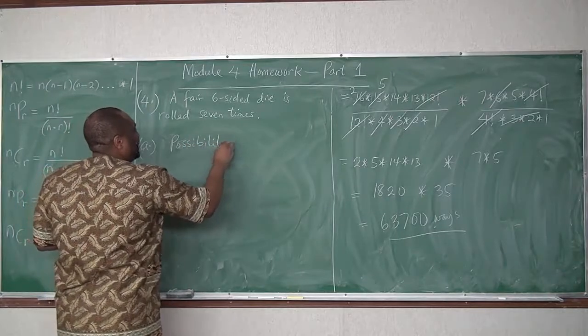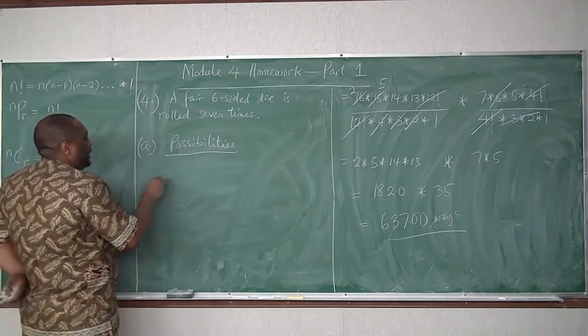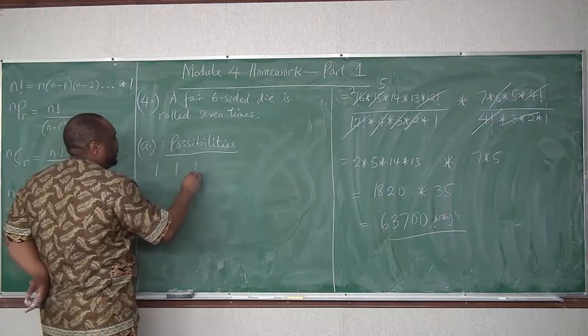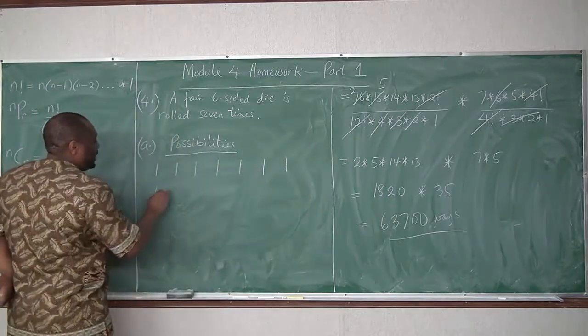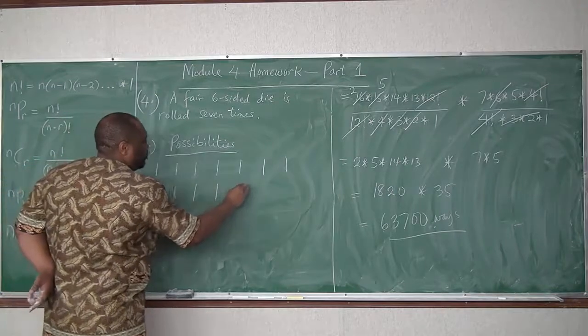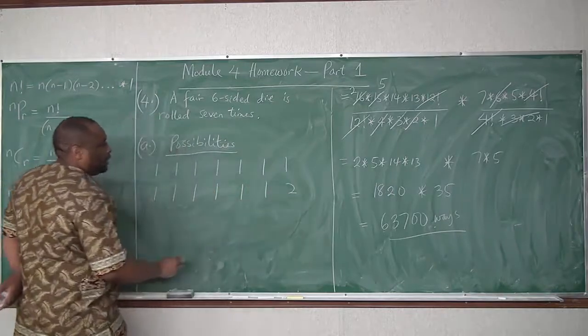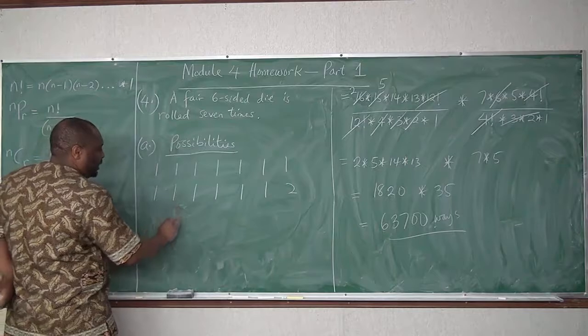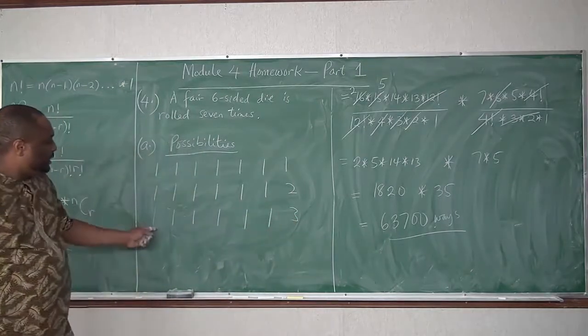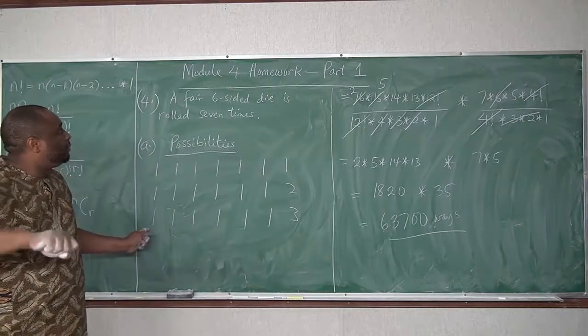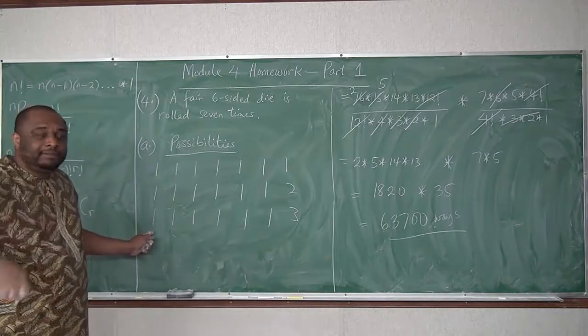When you roll it 7 times, you could get 1, 2, 3, 4, 5, 6, 7. You could get 1, 1, 1, 1, 1, 1, 2. You can get 1, 1, 1, 1, 1, 1, 3. You could get 1 on the first row. You roll it 7 times.